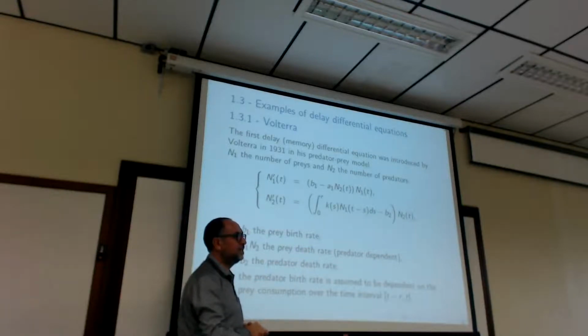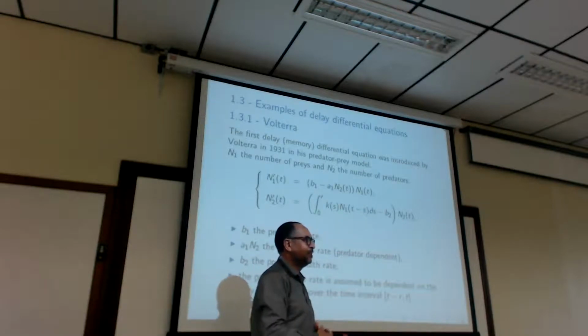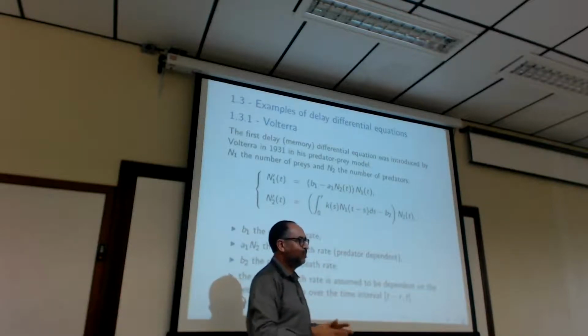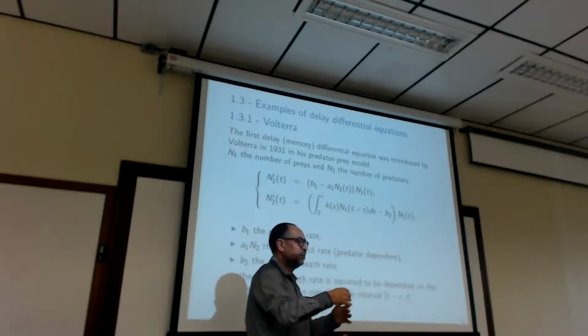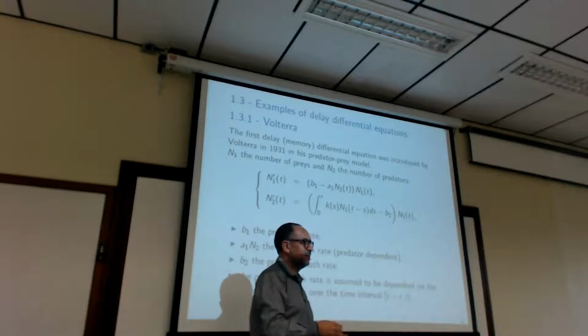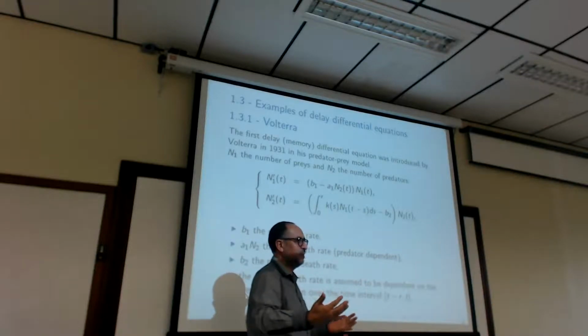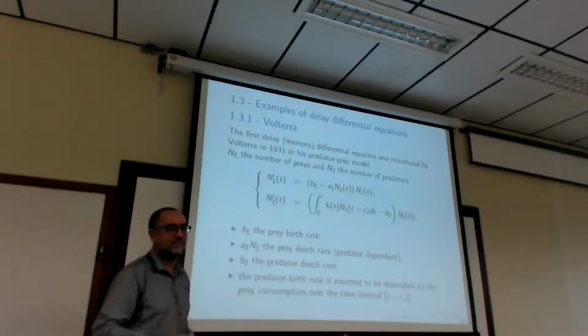To explain this, for example, if we decide to add prey to the system, the population of predator will not increase immediately. It's not possible. You have to wait a certain time to have this evolution.